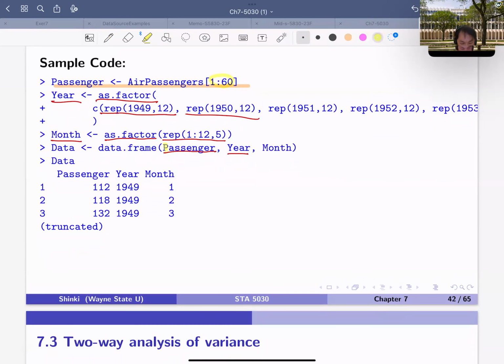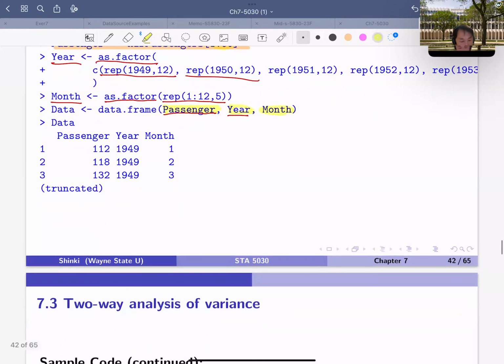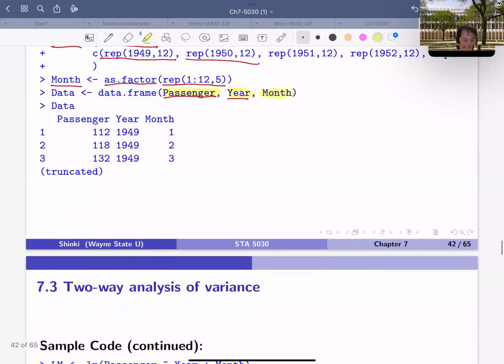We make a data frame consisting of passenger, year, and month. This is the necessary format to fit the ANOVA models. The data looks like this, the number of passengers here and year and month here.